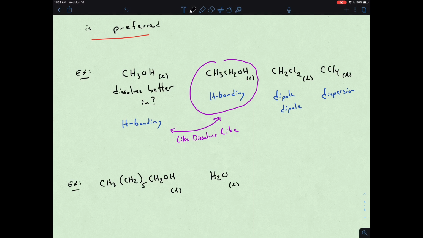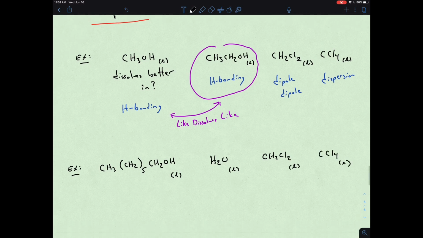So we could say H2O, and then we could use maybe the same other choices of solvents like the dichloromethane and the carbon tetrachloride.